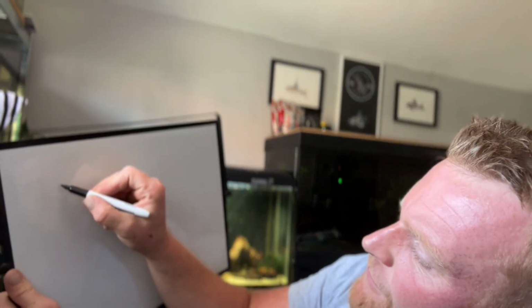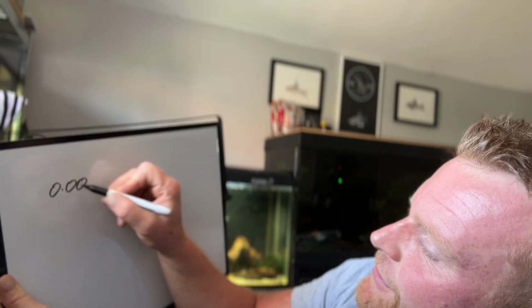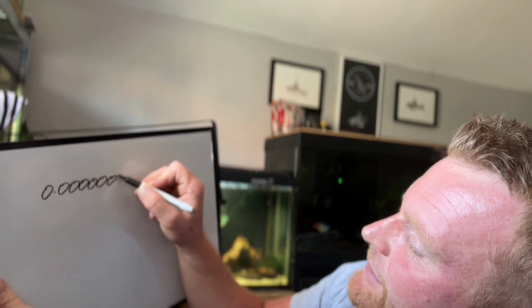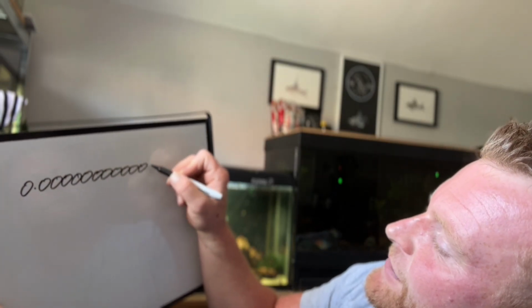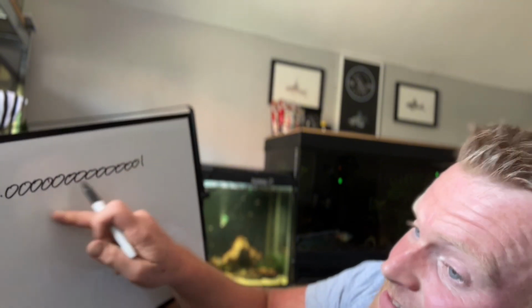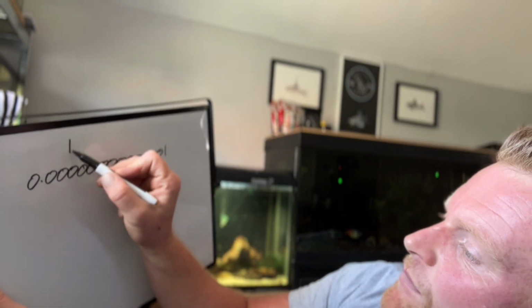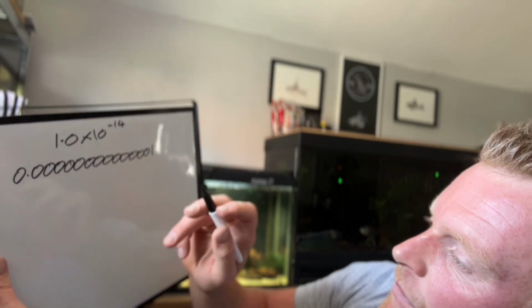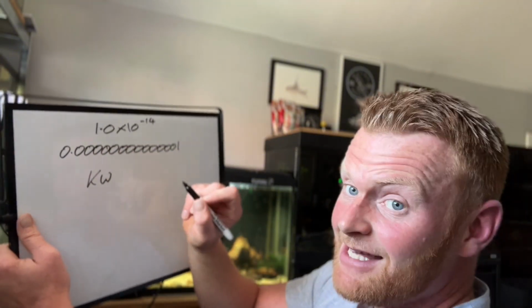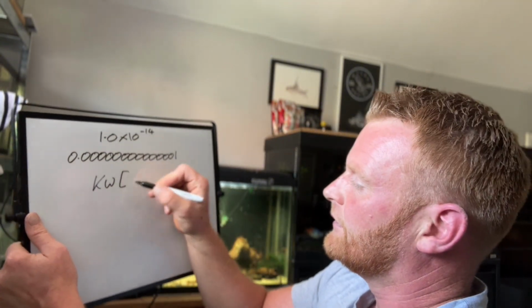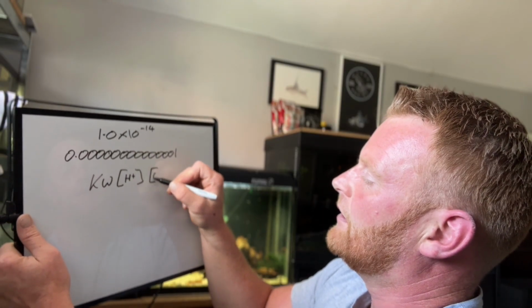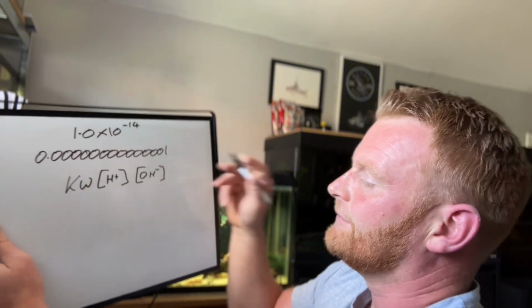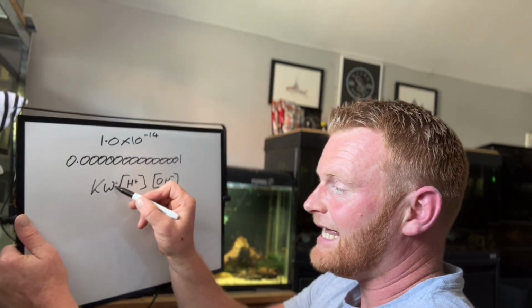Well, if we have 0, 1, 2, 3, 4, 5, 6, 7, 8, 9, 10, 11, 12, 13, and that is the same as 1 times 10 to the power negative 14, we have to remember that Kw is, like we've discussed, the product of H plus and OH negative. Okay, that's what Kw is.